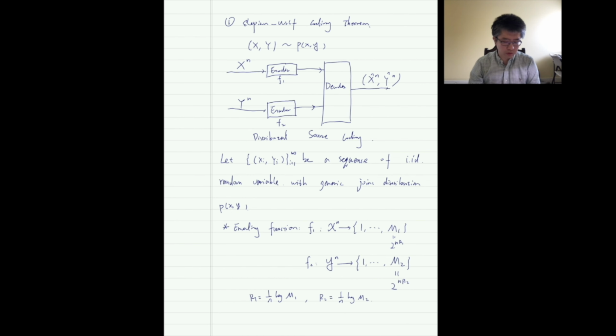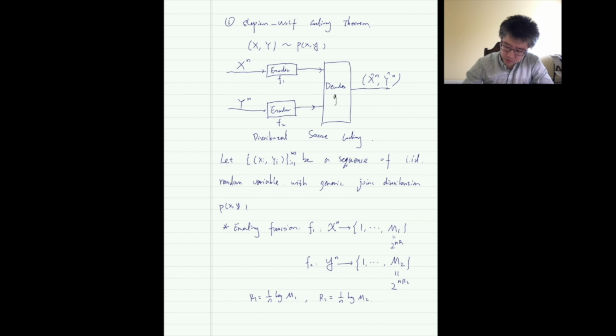So this is the encoding function. The definition here is pretty much identical to the single source coding problem, where we just map the source to an index and then transmit this index, because the codebook will be known at both transmitter and receiver. We just need to transmit the index. Okay, very good.